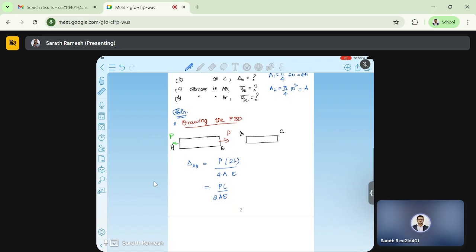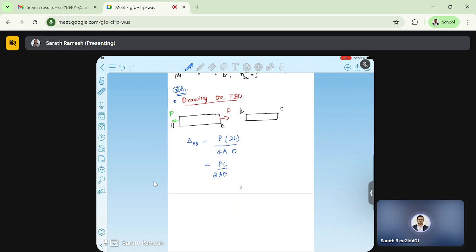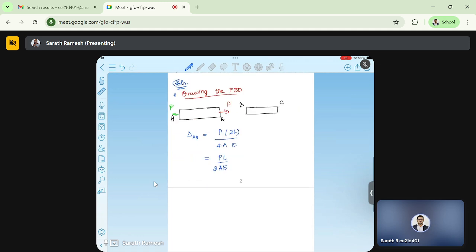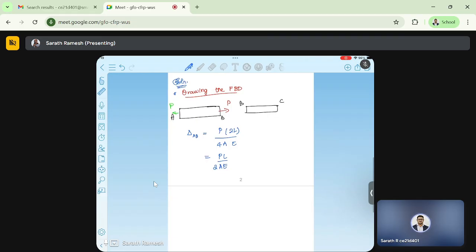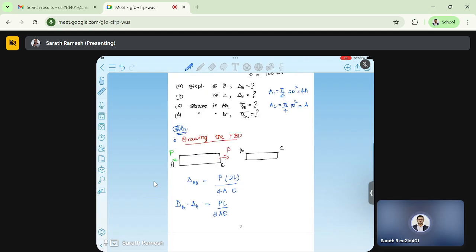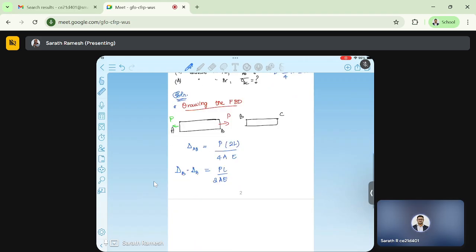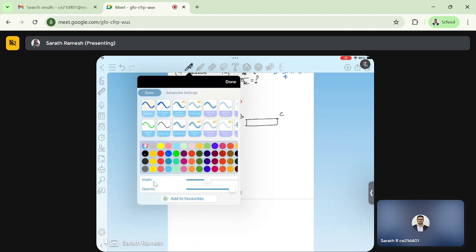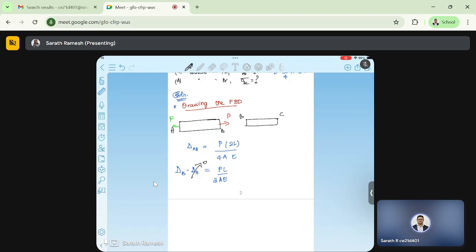Fine. So this is delta AB. Now I want delta B, the displacement at B. What is the displacement at B? It is nothing but delta B minus delta A. Delta A is what here? 0, because it's a fixed support. So this vanishes to 0. This is nothing but delta B for me.